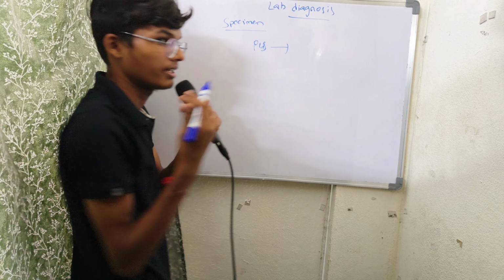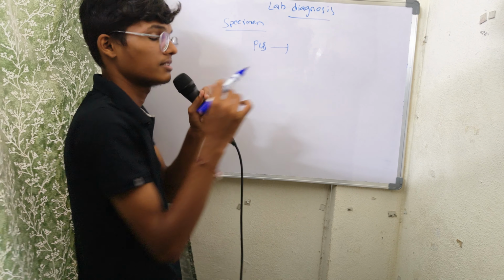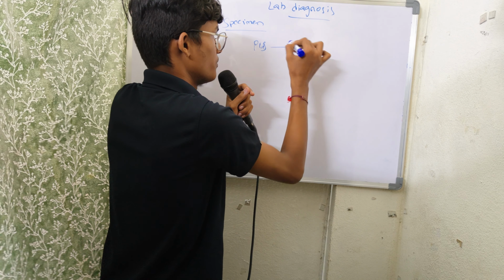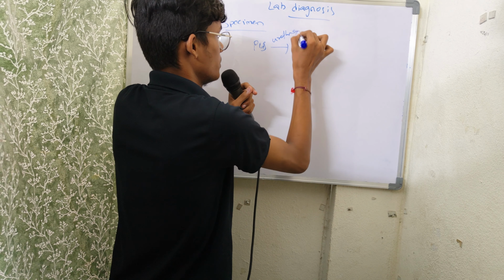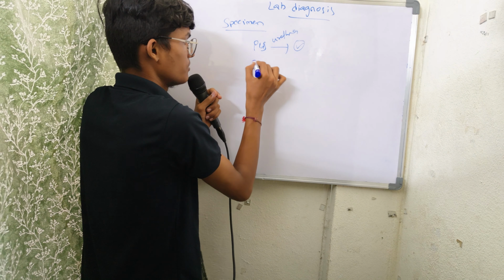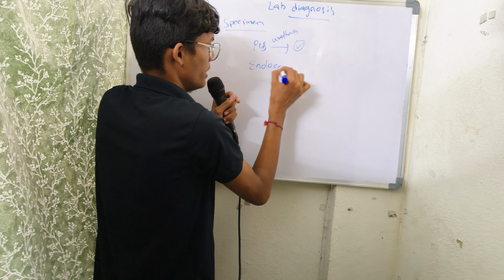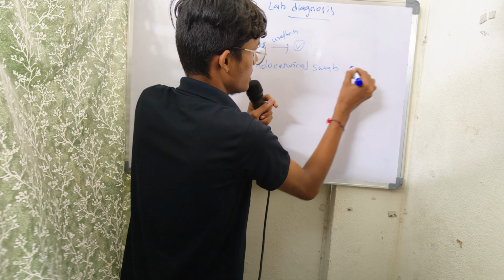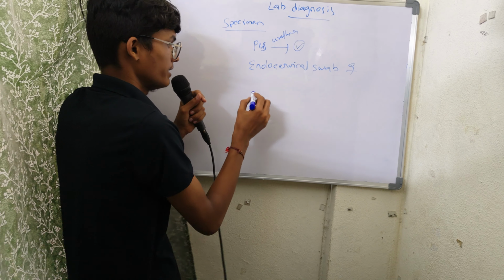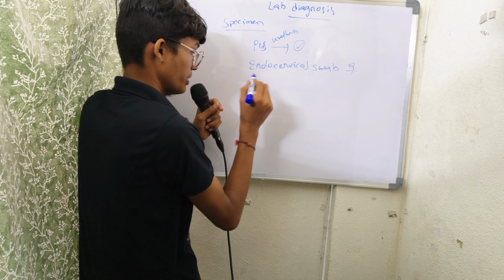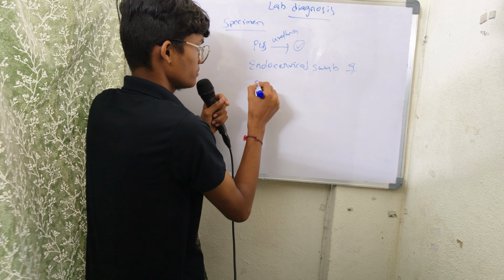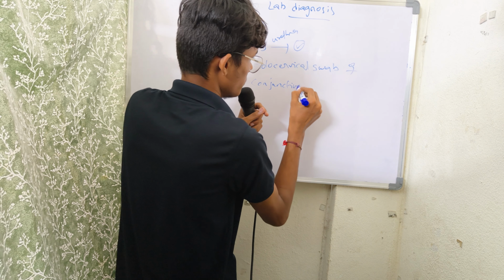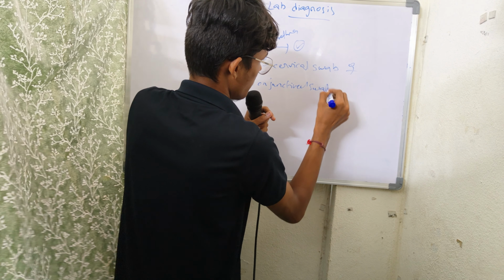If we can't get enough sample, we can massage the prostate region, and we can get our sample from the urethra. Okay, and in females we can take an endocervical swab. In neonates, we take a conjunctival swab.